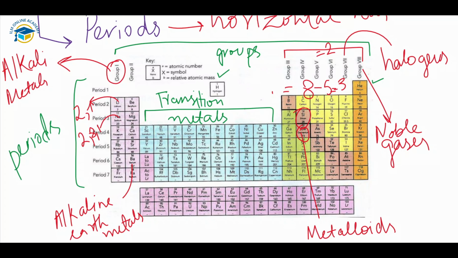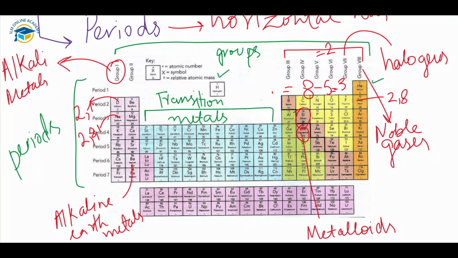Neon has a total of 10 electrons, 2 in the first shell and 8 in the second, so they don't have space for more electrons. The noble gases on the right-hand side of the periodic table are the least reactive elements, while group 7, the halogens, are on the left-hand side of group 8, and group 1, the alkali metals, are the most reactive.